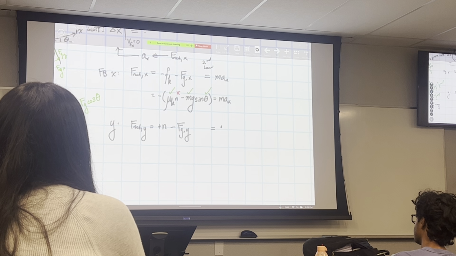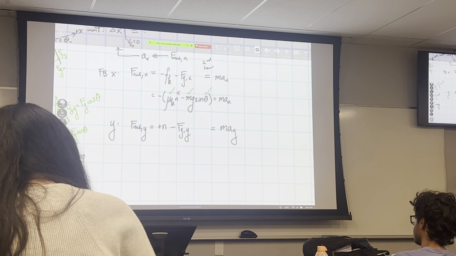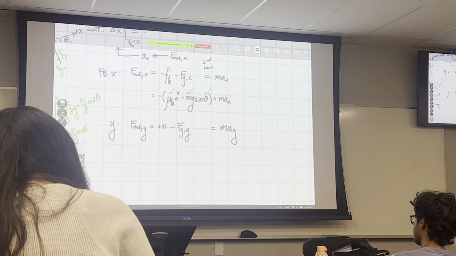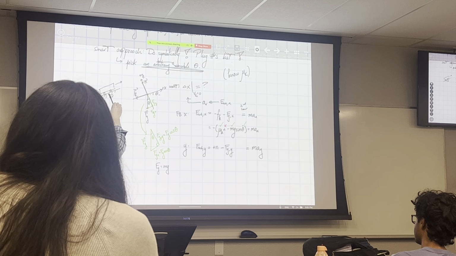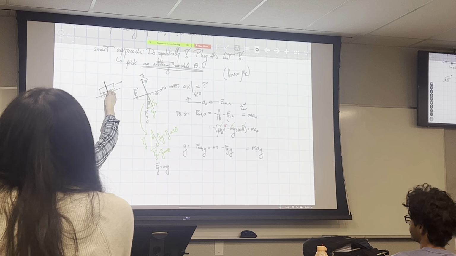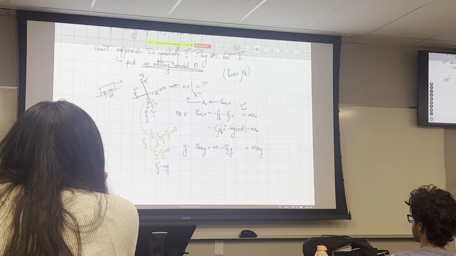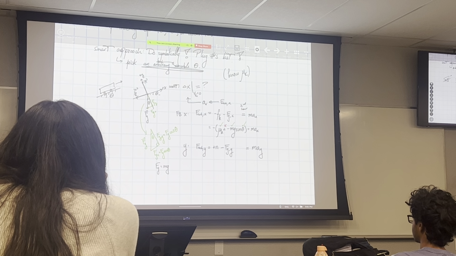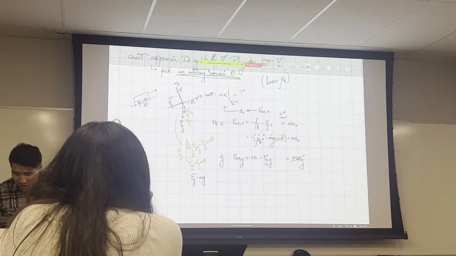And of course, using Newton's second law, we know that this has to equal mass times acceleration in the y direction. Well, what is the acceleration in the y direction in our scenario? Remember, our y direction is normal to the surface. Is the car magically going up and away, or down into the ground? The answer is no. So the acceleration in the y component is actually equal to 0.